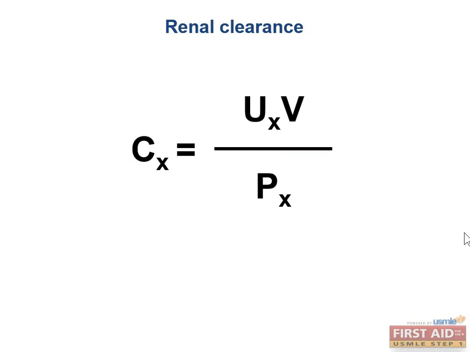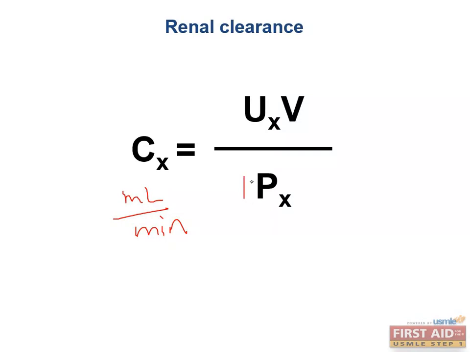First, we have renal clearance, a concept that you need to know, especially for pharmacology. Now, clearance describes the volume of plasma in milliliters that is cleared of a certain substance, in this equation X, over time in minutes.